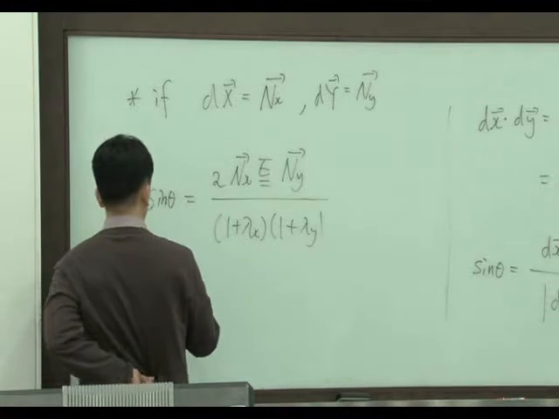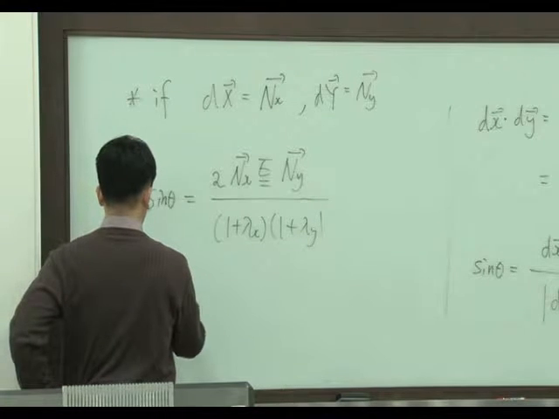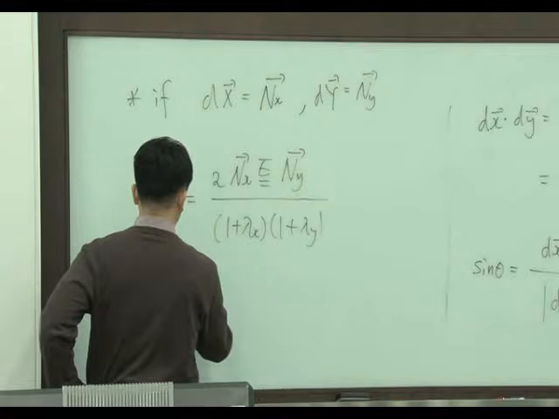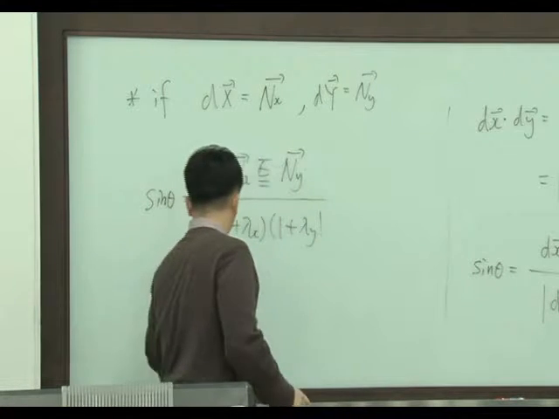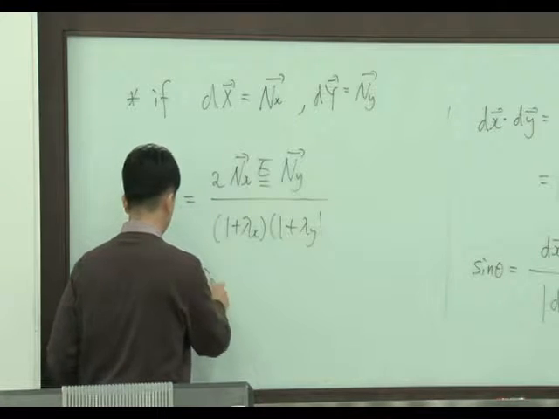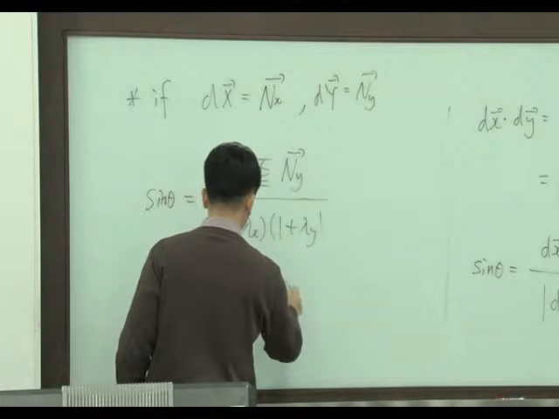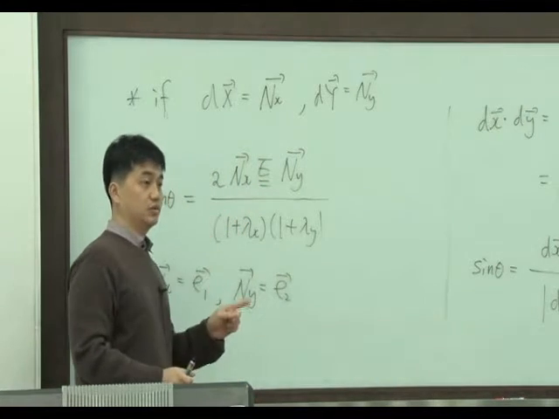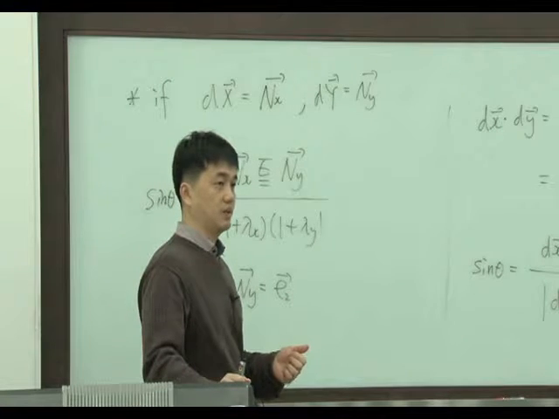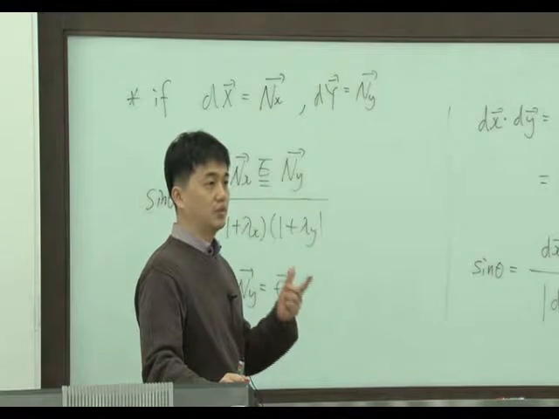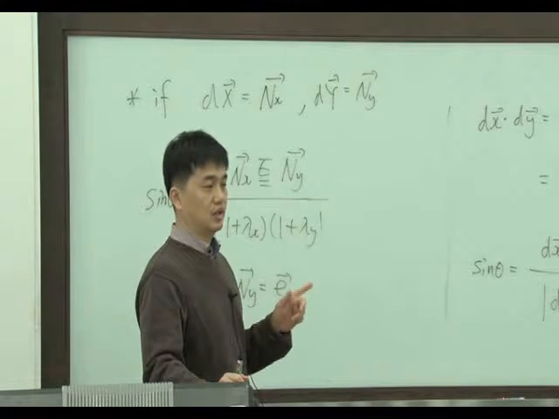And for example, let's put nX equal E1, one direction, and nY equal E2. E1 and E2 are base vectors of a Cartesian coordinate system, and both vectors are normal to each other. The angle between both vectors is 90 degrees.